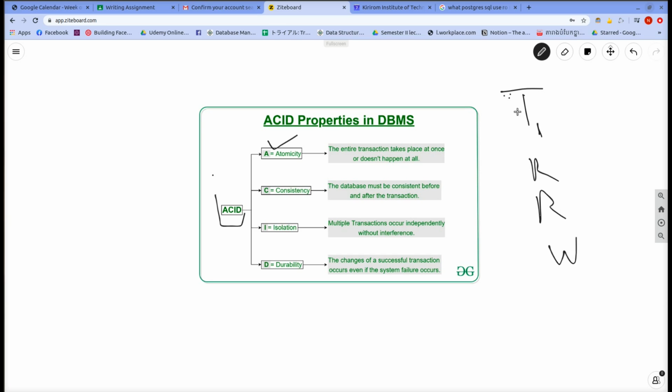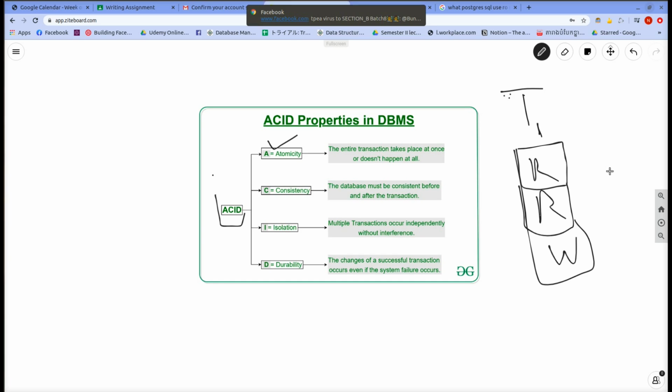If this transaction has the ACID property, it means that we are not allowed to use only one operation or just two operations. It needs to use all these operations, or if we don't use it, we don't use it at all. It means if we use it, we use all the operations. If we don't use it, we don't use any one of those operations.